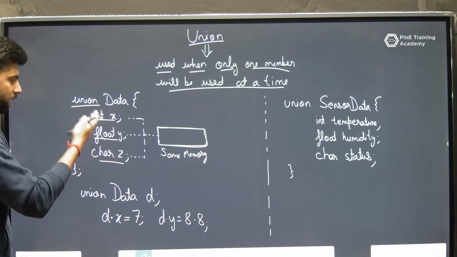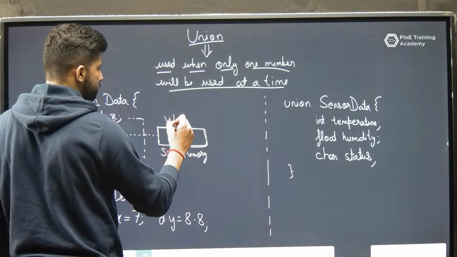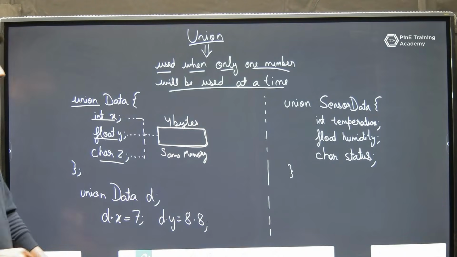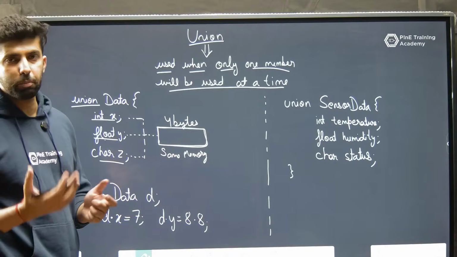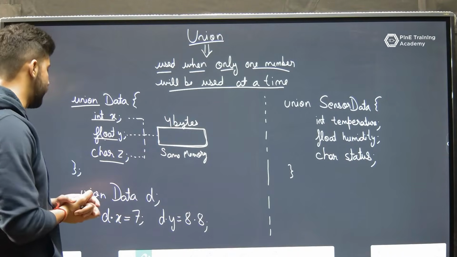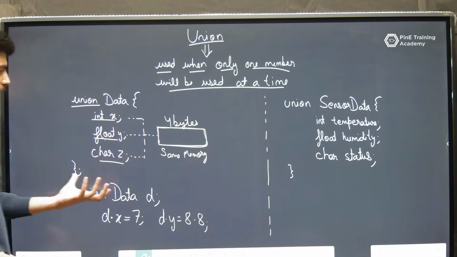The largest one, you can see that int and float both take 4 bytes. So this memory space will be of 4 bytes. We take the largest member's space to ensure that all of the members can be stored without losing any data, right? This is our union.